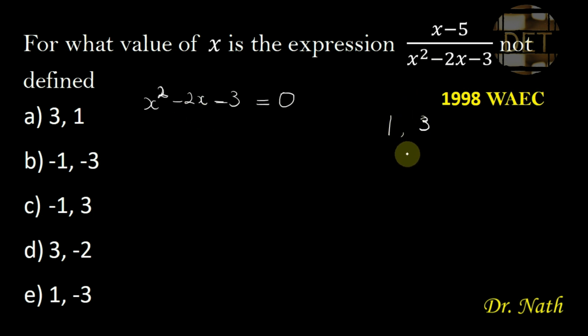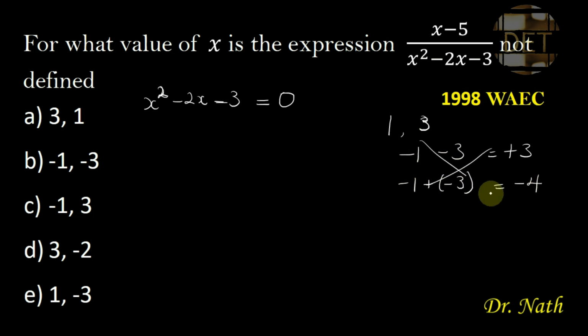When you have -1 and -3, -1 times -3 gives you +3, and -1 plus -3 gives you -4, since plus times minus gives minus.